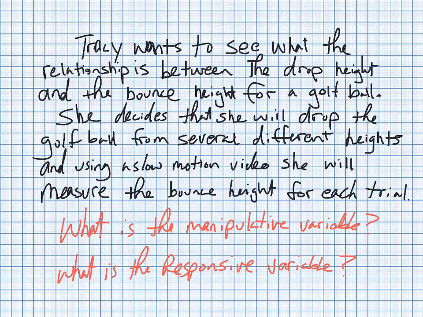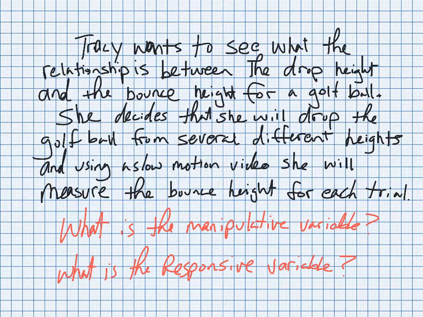All right. Now the question becomes, what is the manipulative variable in this experiment? Remember, that's like asking which one is she changing. She decides she will drop the golf ball from several different heights. So what does that mean then?